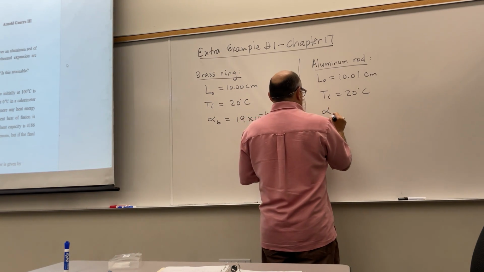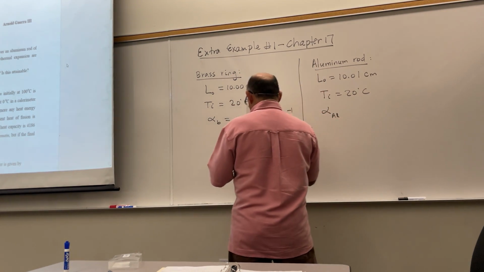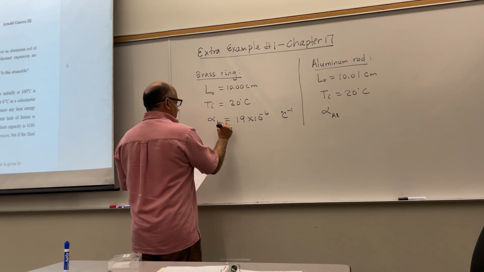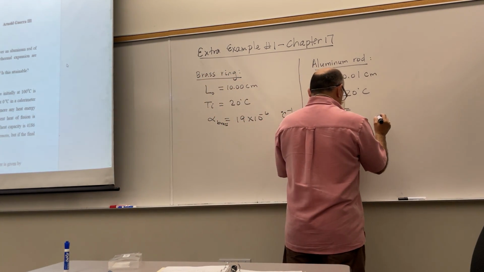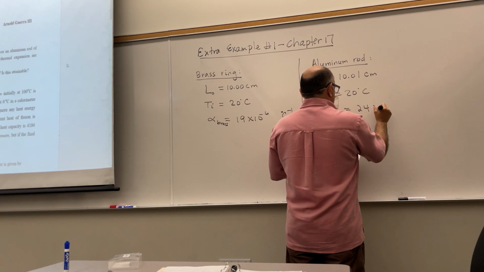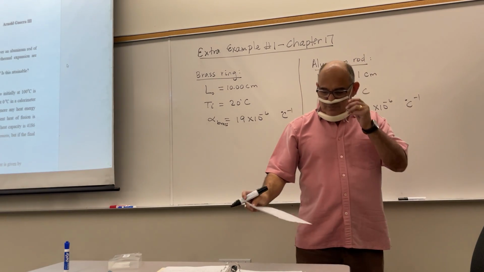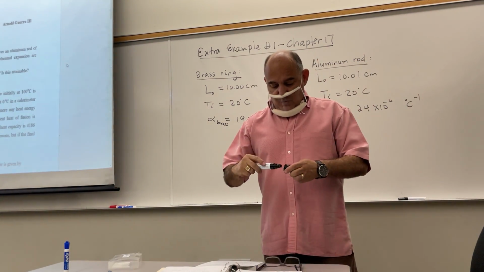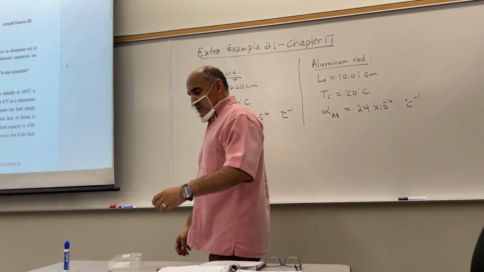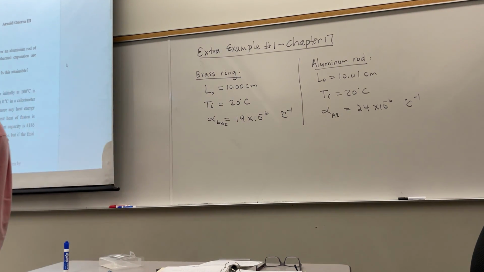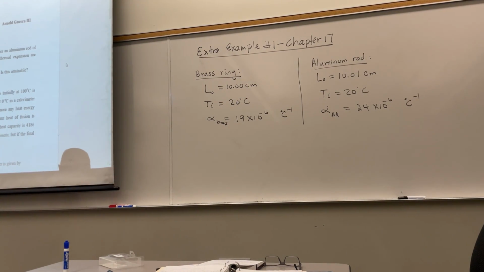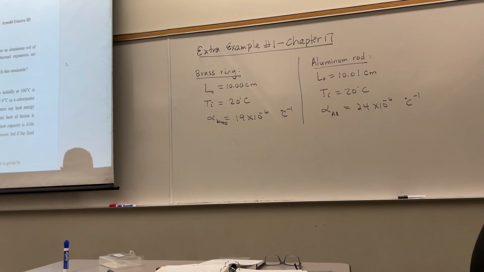The coefficient of thermal expansion for aluminum is 24 times 10 to the minus 6 inverse Celsius. So what I want is for both the rod and the ring to have the same temperature so that I'm able to slip the ring off the rod. So should I heat them both up, or should I cool them both down? Why?